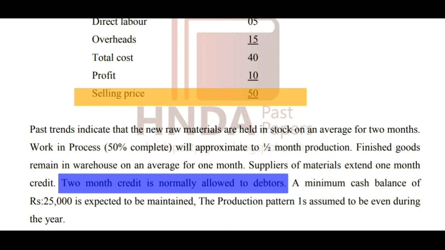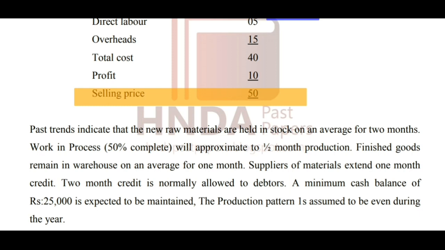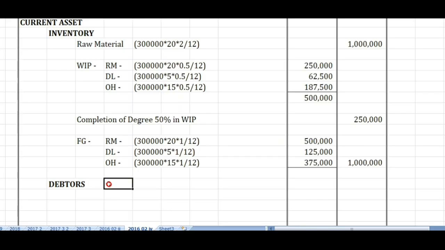So credit period is 2 months. Accordingly, 300,000 activity level into selling price per unit is 50 rupees into 2 months credit period, 2 divided by 12.